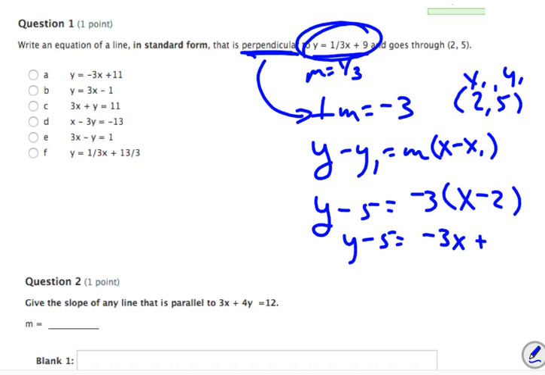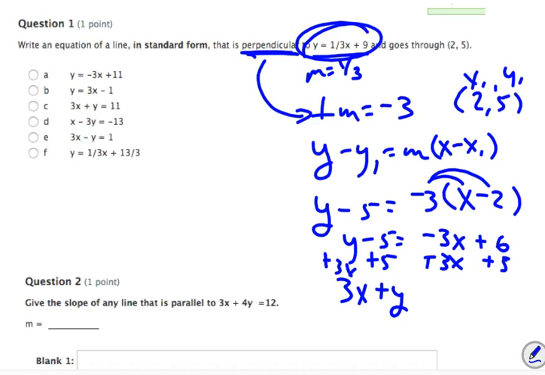So I'm going to distribute over here, get negative 3x plus 6. I'm going to add over the 3x. And I'm going to add the 5 this way. So I added the 3x over to the left, I add the 5 over to the right, and there's my standard form, 3x plus y equals 11, which is C.